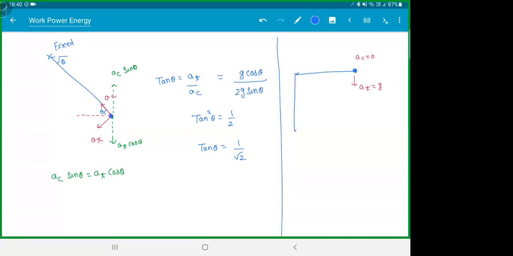The second position is when you're vertical: a centripetal only, and at this point a tangential is 0. So at theta 0 degrees and 90 degrees the acceleration is vertical. At theta 0 it is tangential, at theta 90 it is centripetal. At only these two points you get vertical acceleration. Clear?